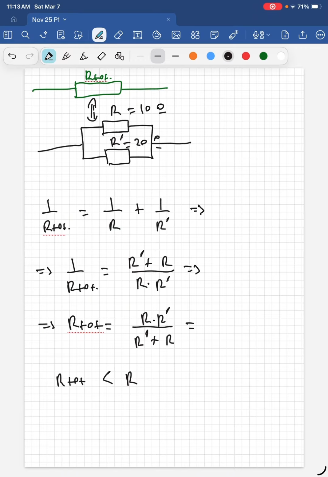So our total is going to be 10 times 20 over 30, so 20 over 3, which is 6.7 ohms. This is less than the 10 ohms that we started with, so our total is less than R.